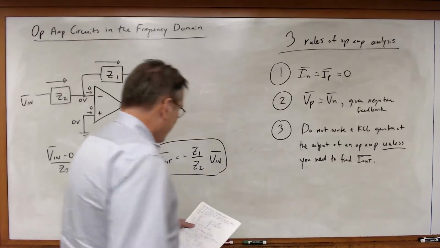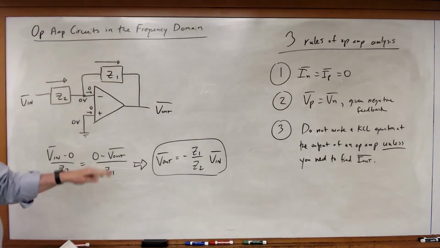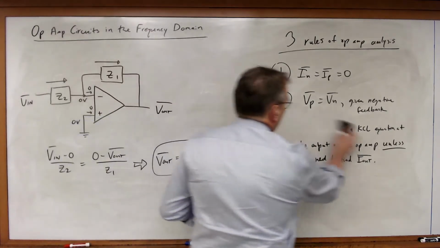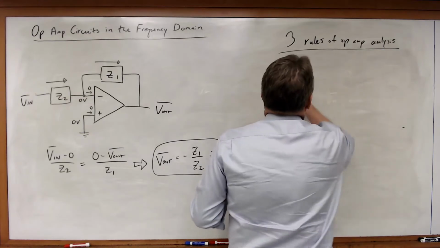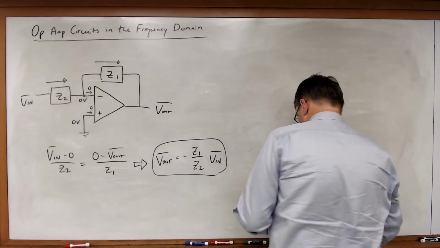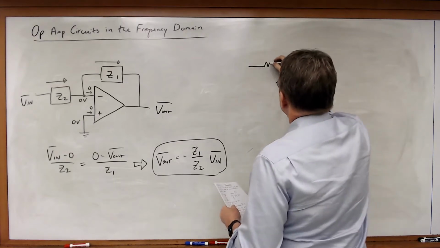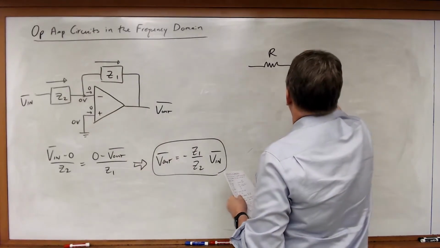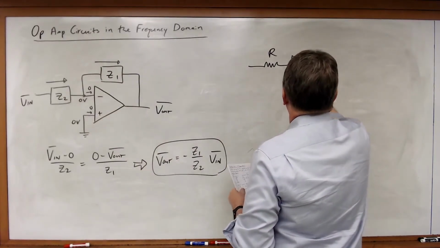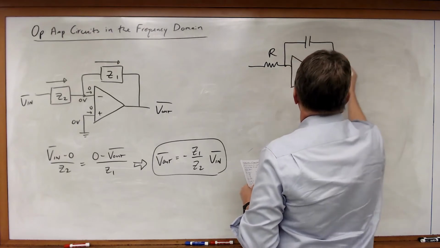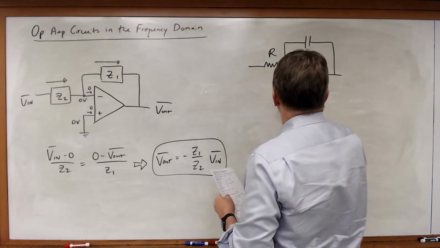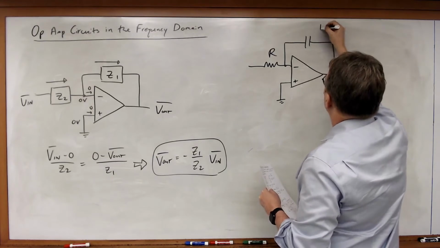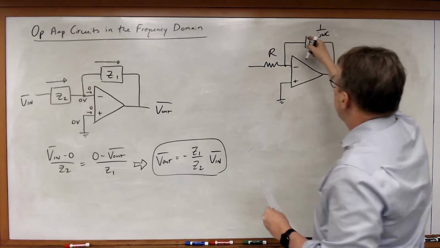All right, so let's take this and plug different things into Z1 and Z2. For example, let's assume we let Z2 be a resistor, and let's assume we let Z1 be a capacitor. So in this case, this will be equal to 1 over j omega C, the impedance of the capacitor.